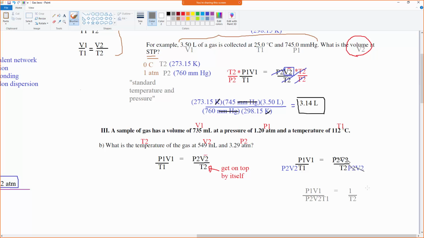And then what Sarah did was she said, okay, I got it by itself, but it needs to be on top, so I'm just gonna flip it. I'm just gonna take the inverse of both of these. And when I flip that, I'm gonna take everything on the bottom and stick it on the top. Oops, I need more space here.